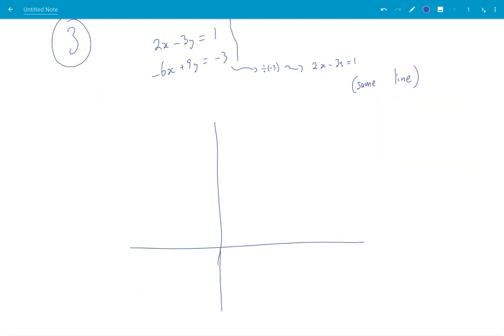So looking here, when x is 0, y is negative a third, we'll say that's right here. And when y is 0, you get x is plus a half. We'll say that's right here.